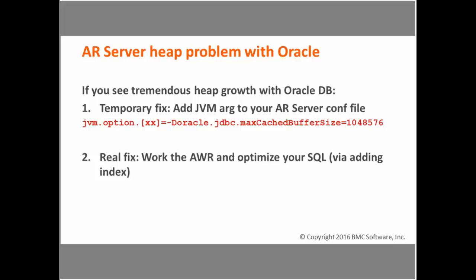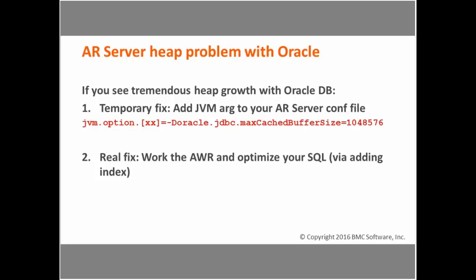Well, it turns out that there's an issue with the JDBC. By default, it would take infinite memory. And if you have a poorly tuned SQL, like one that should be indexed, but you did not, this will cause your heap to grow and your JVM to crash, okay?